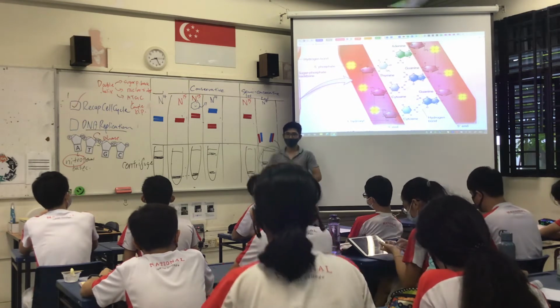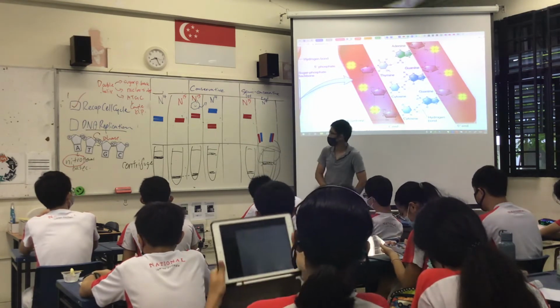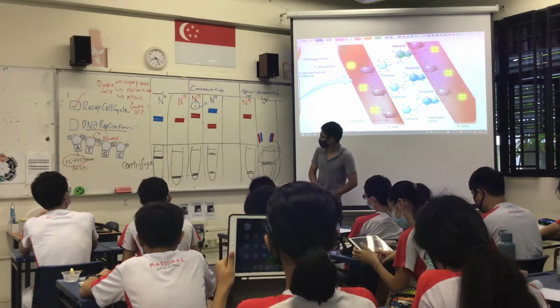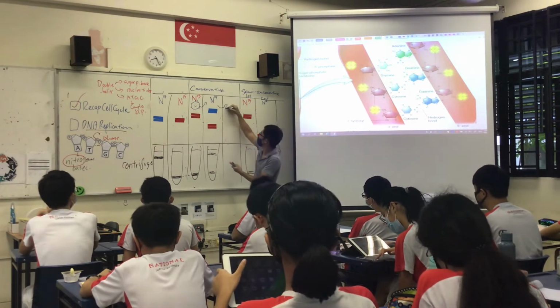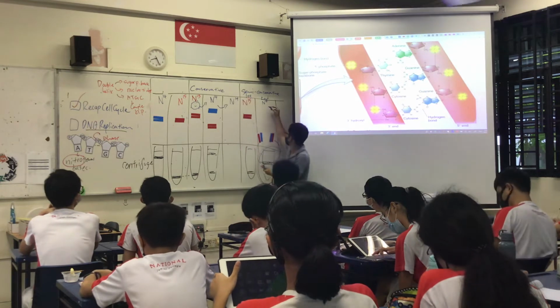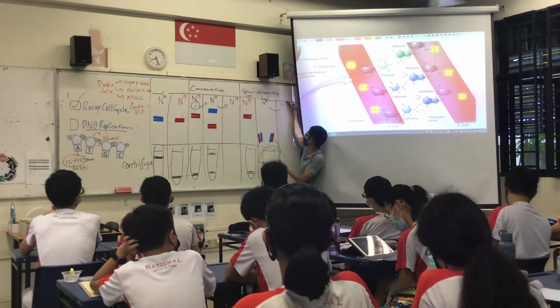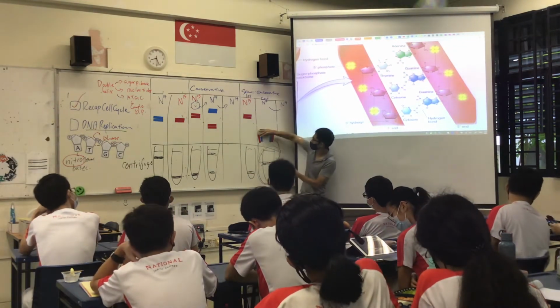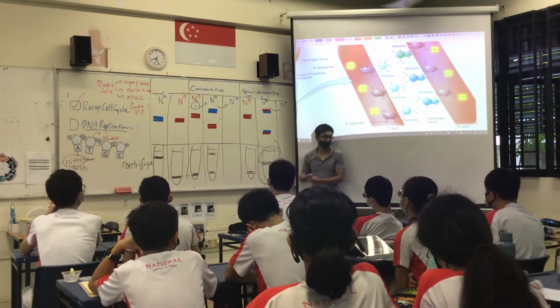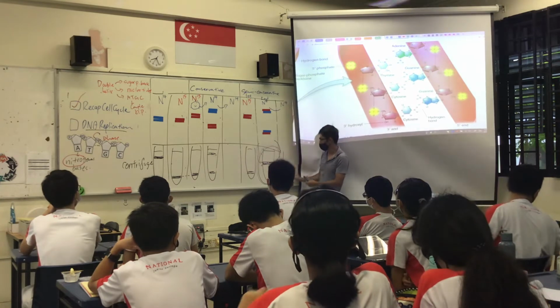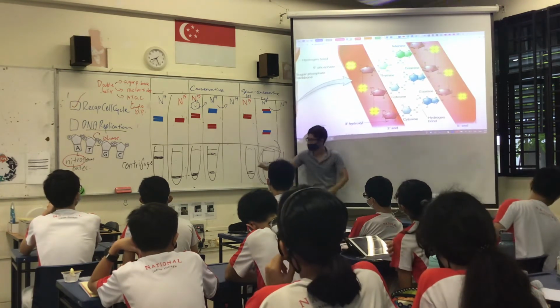Now, let's stretch your thinking a little bit further. If I were to grow it for a third generation, can you tell me what the banding pattern will be? So now this is a thinking puzzle.